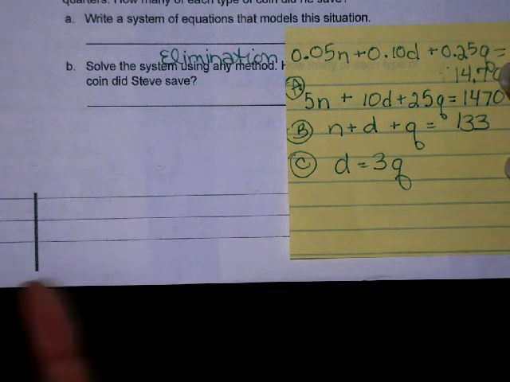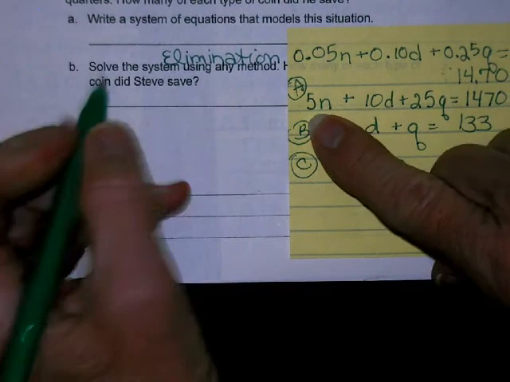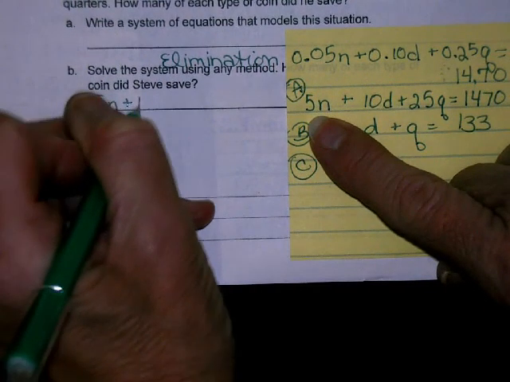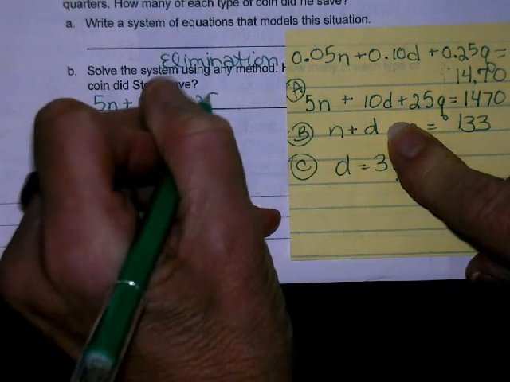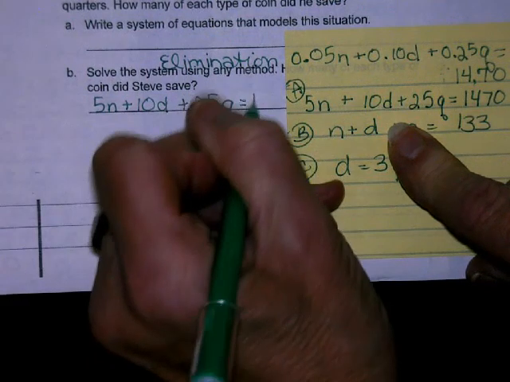So what's that, right? Let me get my erasable pen because I will make mistakes. Just the nature of being a human being. 5n plus 10d plus 25q is in perfect condition. We have the variables all on one side and the numbers on the other.